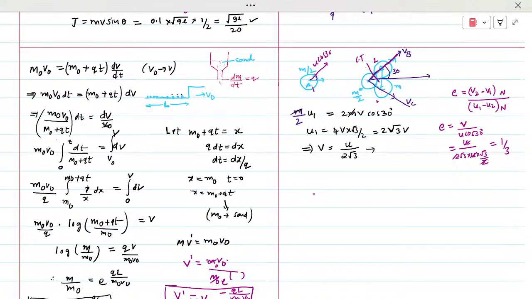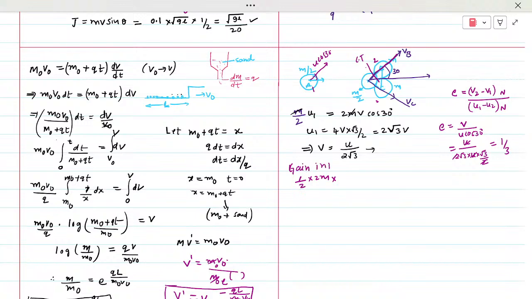Solving these equations by substituting values, we get mu square by 6. So the loss in kinetic energy by the particle A is equal to the gain in kinetic energy by particles B and C. So that is equal to 1 by 2 into 2m into the gain in kinetic energy.